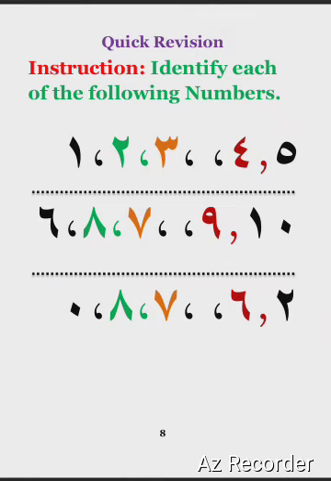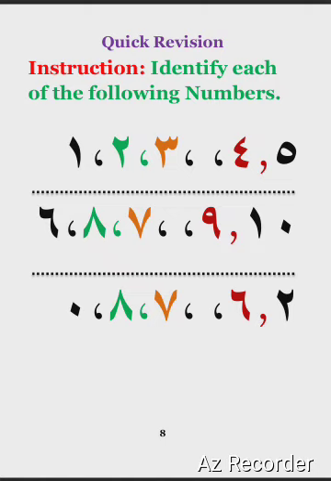Starting from the right. So the first number written here in black is what? That is Khamsa, 5. Followed by Arba'a, 4.